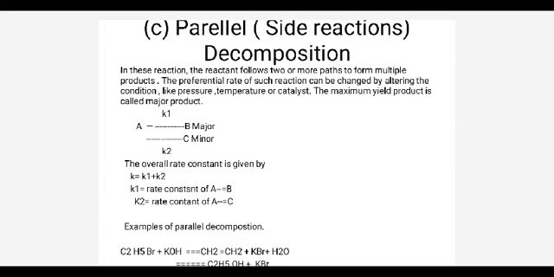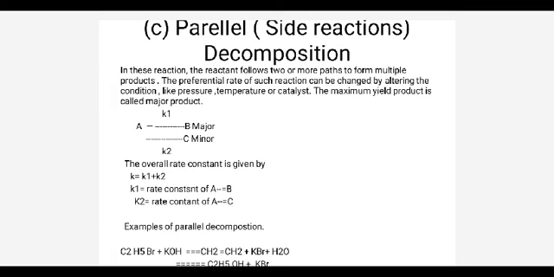Also A equal to C, major product, as well as C, minor product, having a K2. Overall the rate constant is given by K is equal to K1 plus K2. So what is meant by K1? K1 is rate constant of A equal to B, and K2 is rate constant of A equal to C.